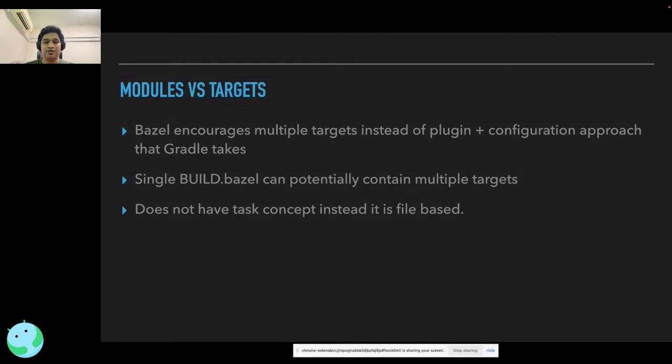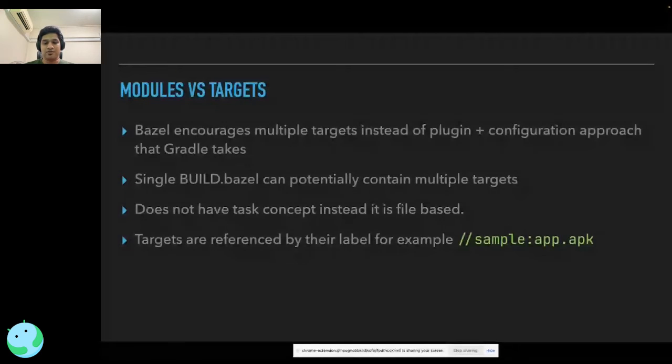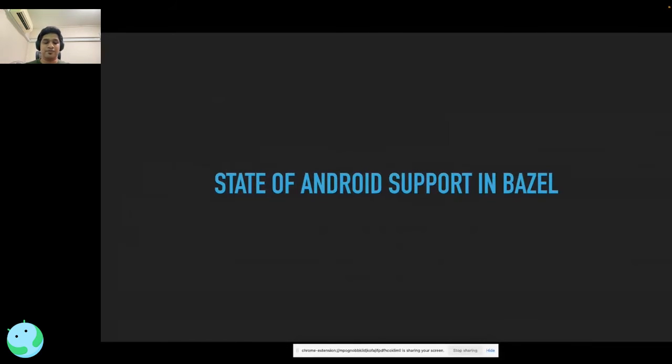Bazel works by concepts called files. The targets are referenced by a label. So if I want to build a package under sample and I want to build the APK, I just request the file output from Bazel instead of saying the specific task name. I don't need to remember the task name or the action name. I just need to tell Bazel, build me this APK file, and Bazel automatically figures out what it needs to do and builds the files.